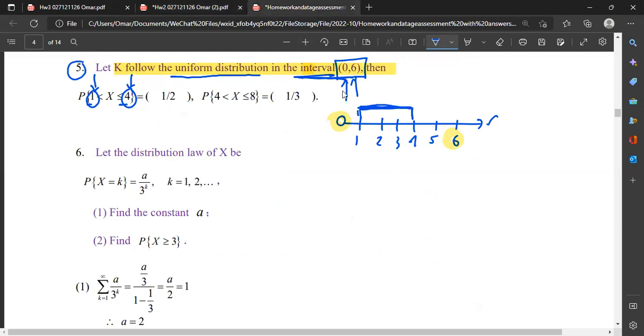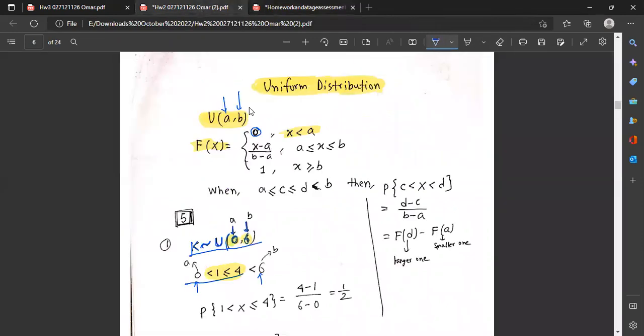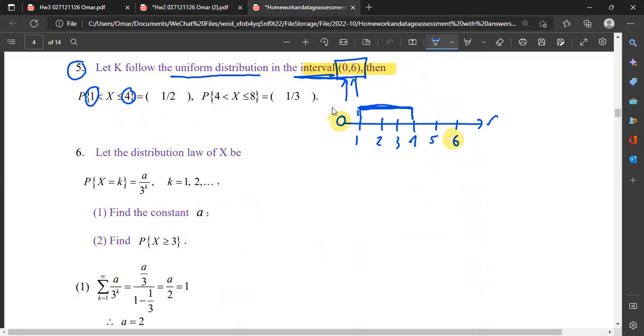Because we have to find the probability of X is greater than 1 and less than or equal to 4. That means here we are considering the first case, that is X is less than A.